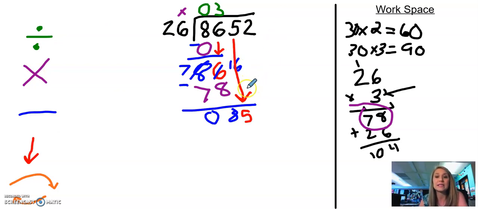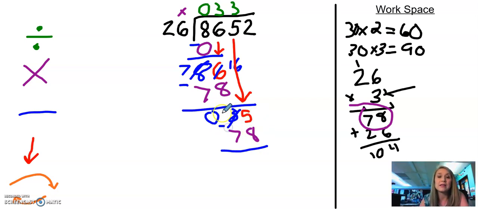This time asking myself, how many times can 26 go into 85? Well, I'm going to go back over here to my workspace. And because 85 is so close to 86, I know that I'm going to use another 3. So I write my 3 up above the 5, and then I multiply. 3 times 26 is 78, and then subtract 85 minus 78. 5 minus 8, stop, regroup.